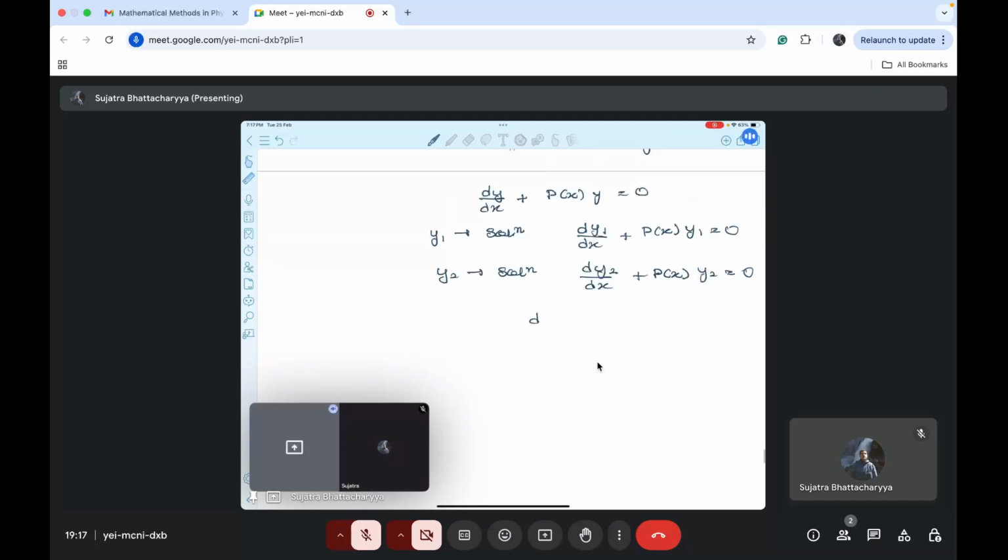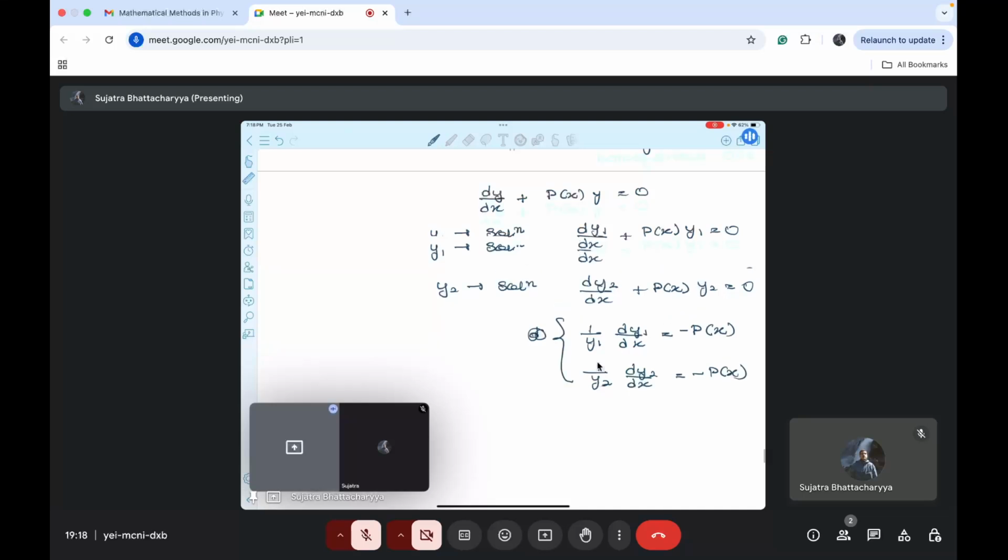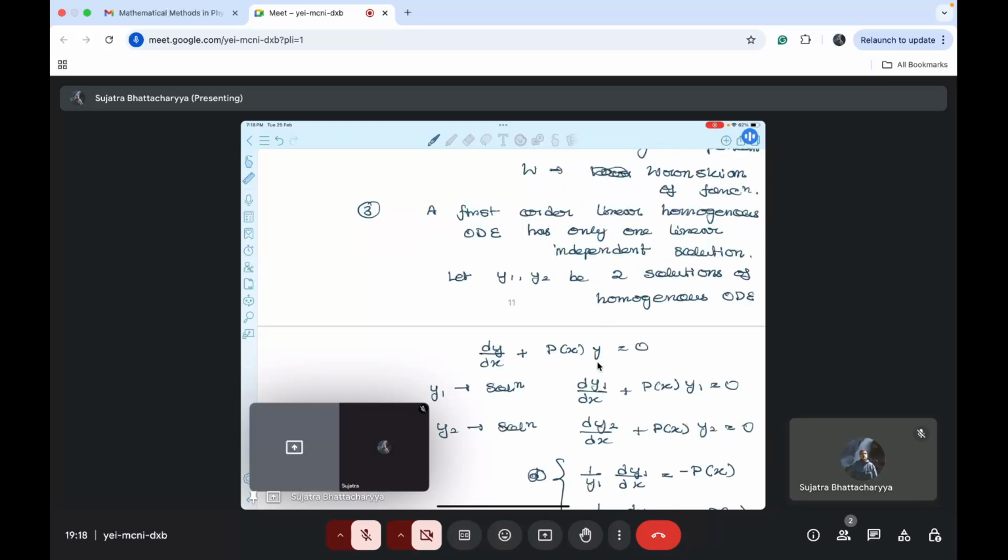We can just write this as (1/y1) dy1/dx, which is nothing but minus p(x). Similarly, (1/y2) dy2/dx is also minus p(x). So you can clearly see that a first order linear homogeneous ODE has only one linear independent solution.